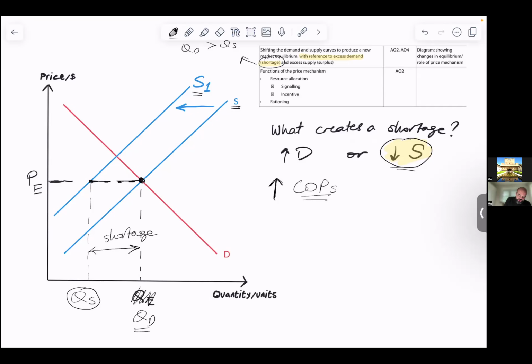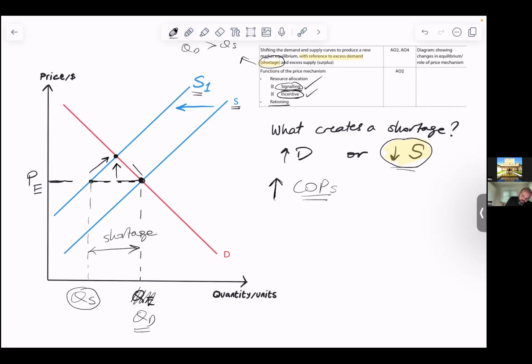A shortage will exert an upward pressure on price. This signals to producers that there's a shortage and incentivizes them. The higher price gives them an incentive to produce and sell more, to increase quantity supplied. Price gradually rises. Quantity supplied will gradually increase along the new supply curve.